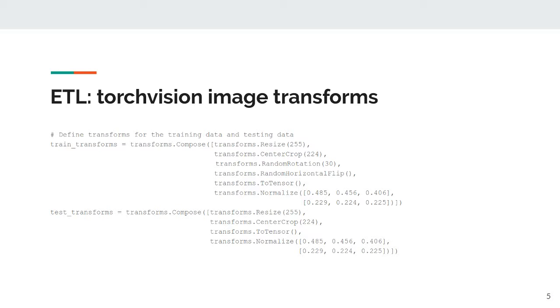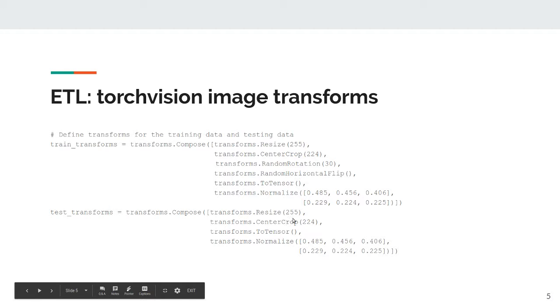The test transform is the transforms applied for the new images that you are going to classify. Well, in this case, we're using it for testing, but in a real application, this would be the images that come from users. So you don't know what comes there, so you definitely have to resize and center crop them. So you normalize the size, then move it to tensor, and then normalize the value of the pixels in the images.